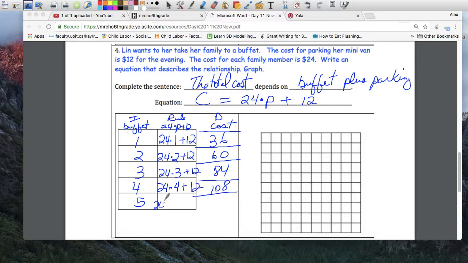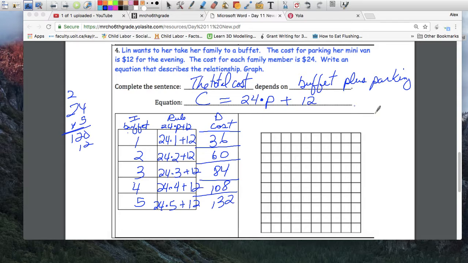And if there's 5 people in this particular family, 24 times 5. 20 times 5 is 100, 4 times 5 is 20, so 120, and then I'm going to add 12, 132.